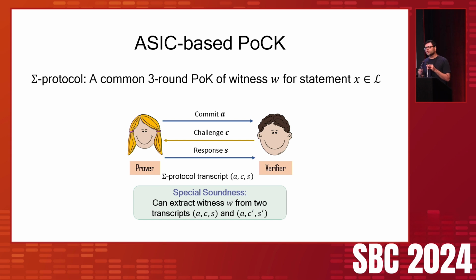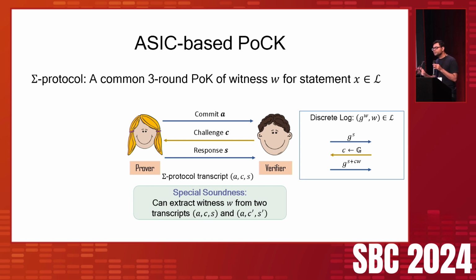The property that we'll use from these Sigma protocols is special soundness, which essentially means that you can extract out the witness from two transcripts that have the same commitment. So the same A here, but different C and S's, you can still extract out the witness from these two transcripts. This is a property of special soundness that's satisfied by a lot of these Sigma protocols.